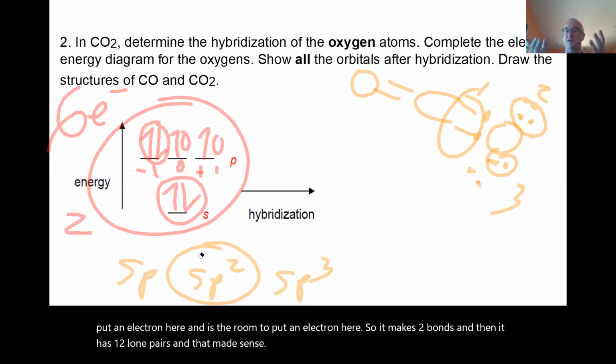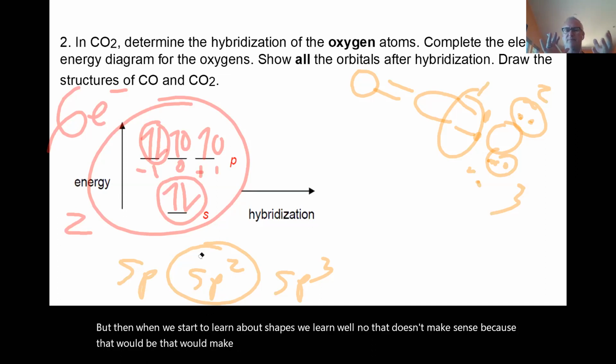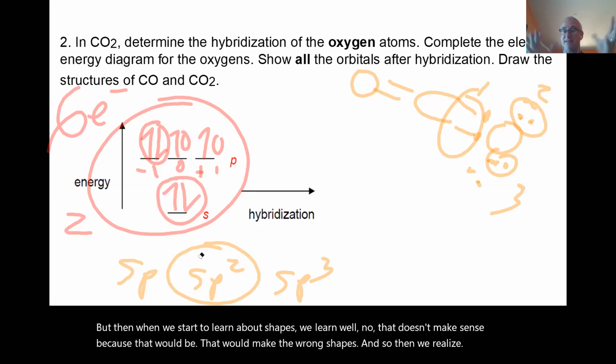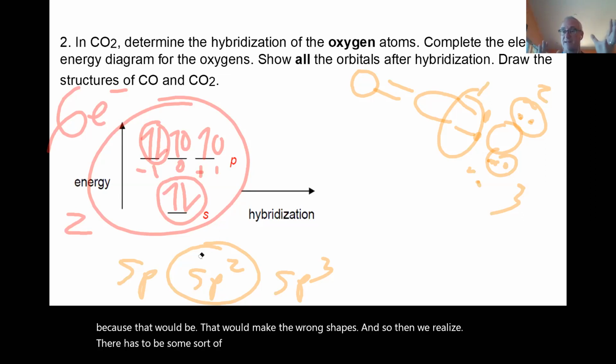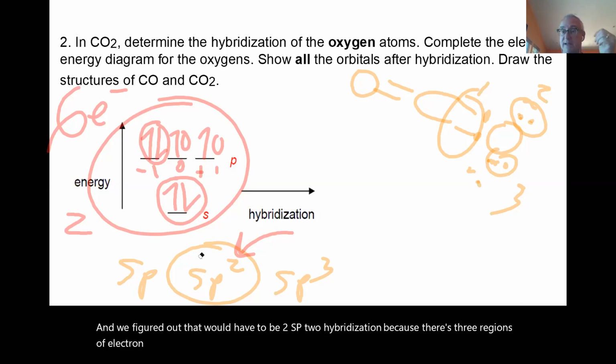But when we start to learn about shapes, that doesn't make sense, because it would make the wrong shapes. So we realized there has to be some sort of hybridization, and we figured out that would have to be sp2 hybridization, because there's 3 regions of electron density where all these electrons are going to go.